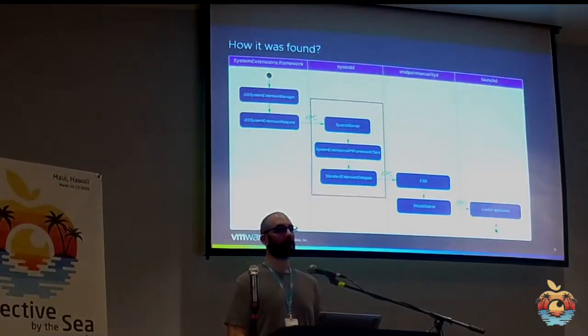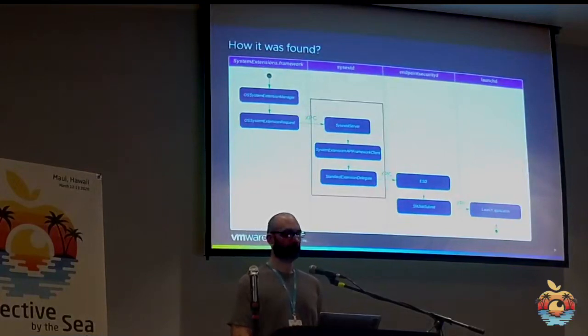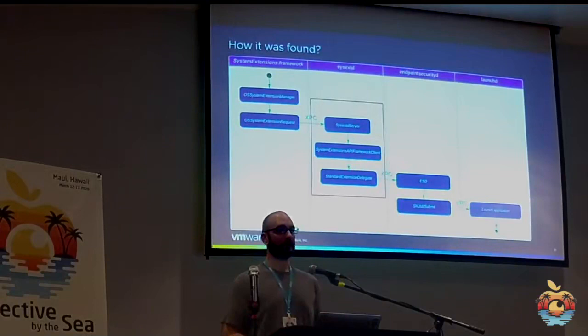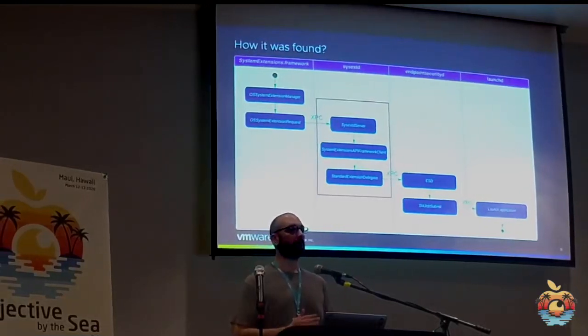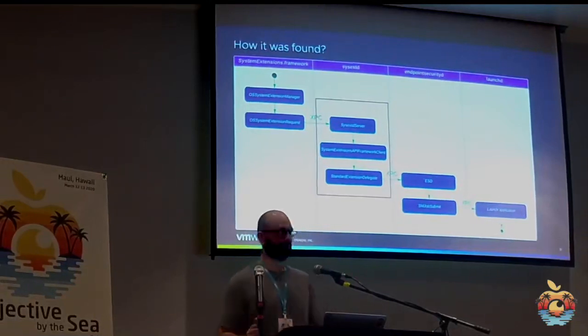One of the things that struck me, and I think I mentioned earlier about the system extension D, is that there's a lot of code in it for a new daemon compared to at least what I was able to tell from reversing that it did. I think it comes from the complexity of this daemon having to handle all the different system extension types, as well as Apple planning for there to be more system extension types in the future.